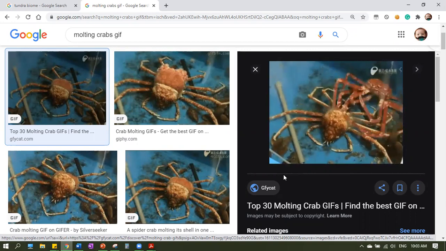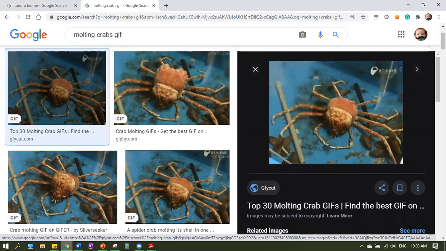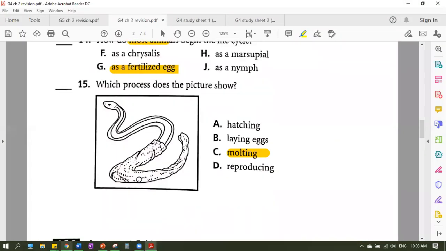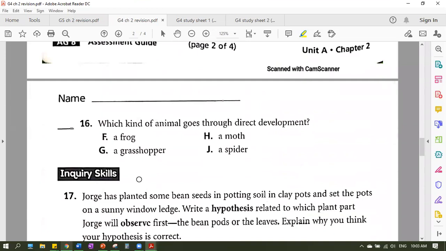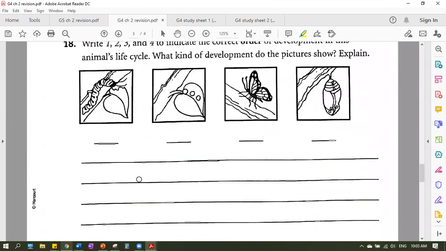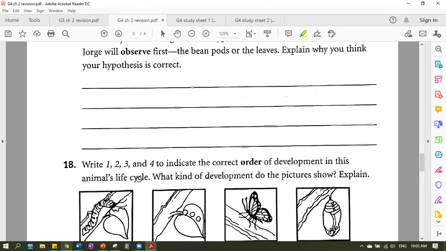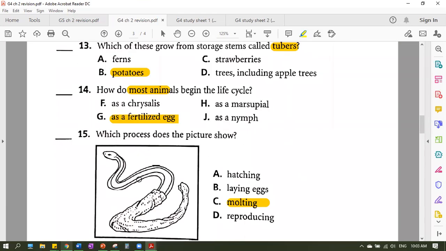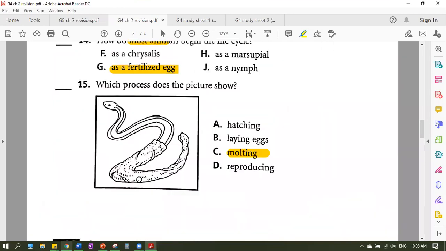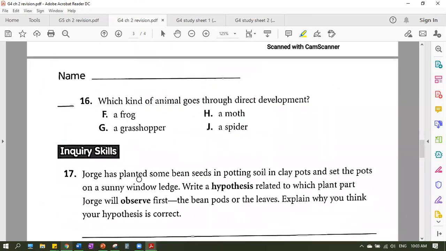Okay, guys, we're still left with 1 minute. So we'll continue this next week, but I hope we'll finish it today. Do you guys have any questions about this one? No. Okay. Now number 16, which kind of animal goes through direct development?